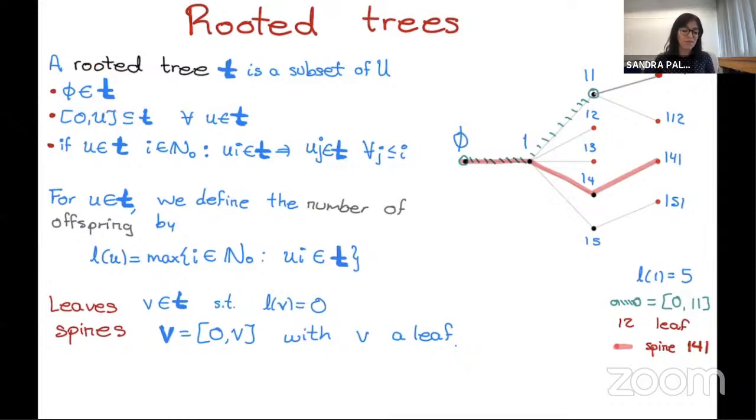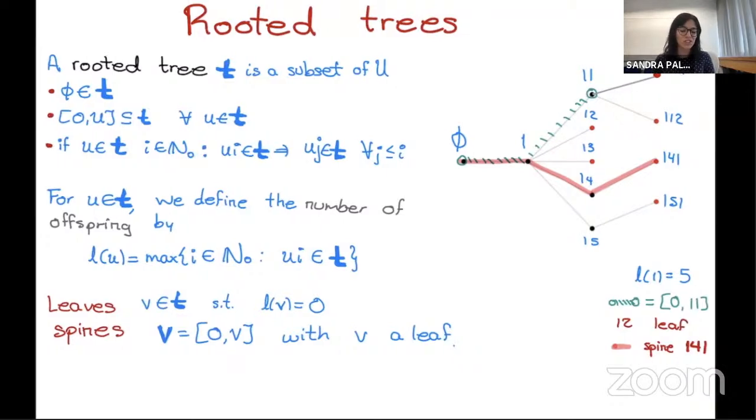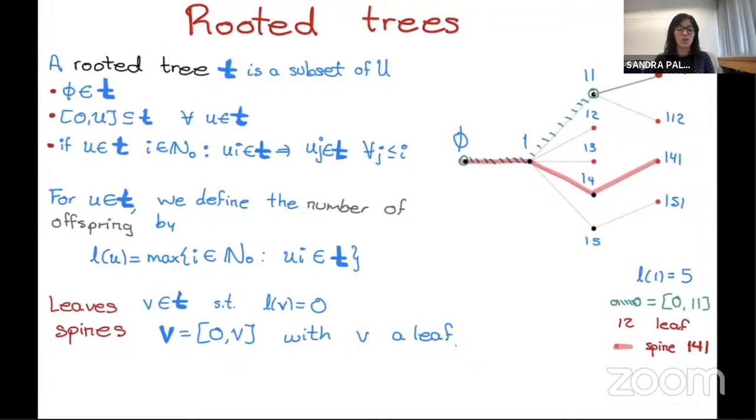And if I have an element u in my tree, its genealogical line will also be in T. And finally, if I have an element u in my tree and I have an i in the natural numbers, not including 0, such that ui is in T, then uj has to be in T for all j less or equal than i.